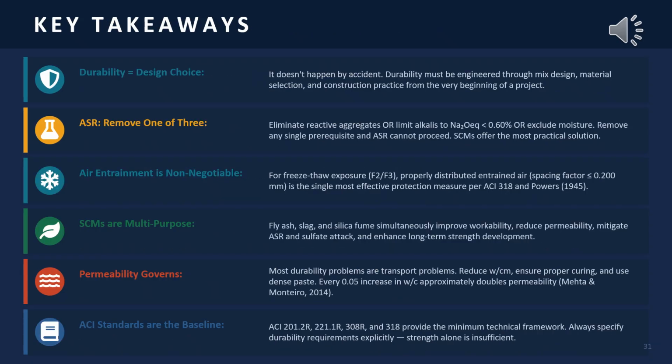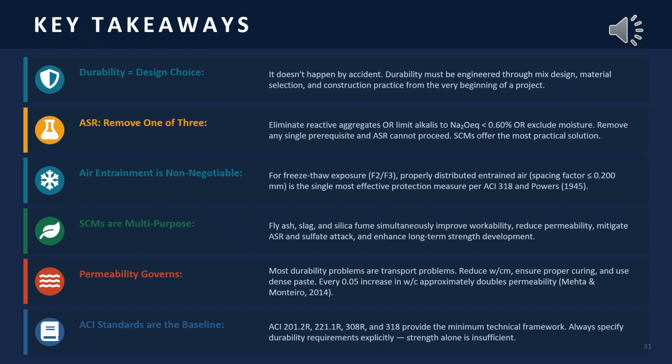Now let's close with the six most important things I want you to remember. First, durability is a design choice. It doesn't happen by default. You must engineer it explicitly through every decision: mix design, material selection, cover, curing, and construction practice.